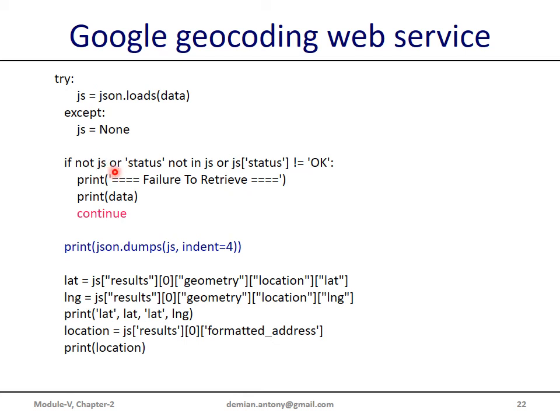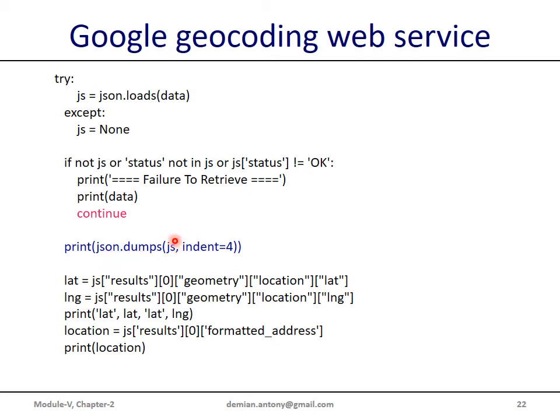If js is null, or status is not in js, or the status key is not equal to OK, that means it's a failure. Else you dump all the contents with the 4-column indentation onto the screen.